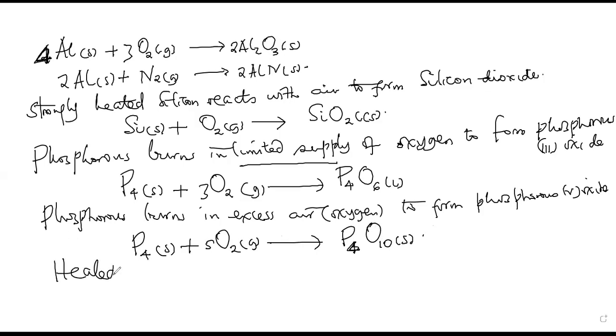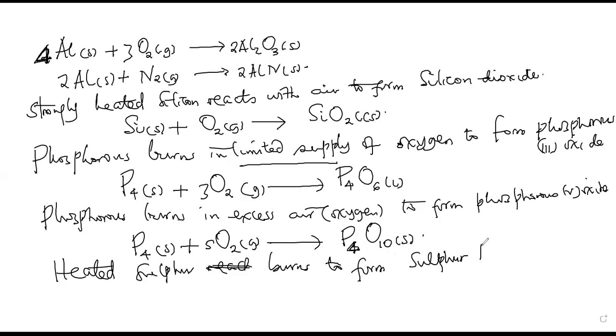Heated sulfur burns in air to form sulfur dioxide. So we shall have sulfur as a solid burning in oxygen to form sulfur dioxide gas.